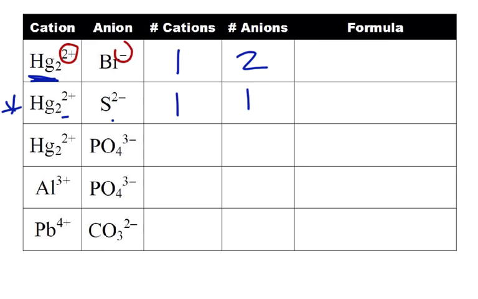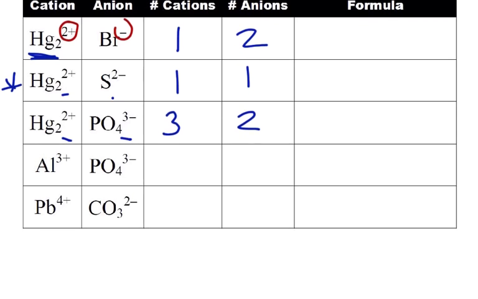Now the next one, we say we have a charge of 2 and a charge of 3, so we're going to need 3 of these and 2 of these. And we can kind of see what's going to happen. If I had Hg2, 2+, and I had PO4, 3-, that doesn't balance.